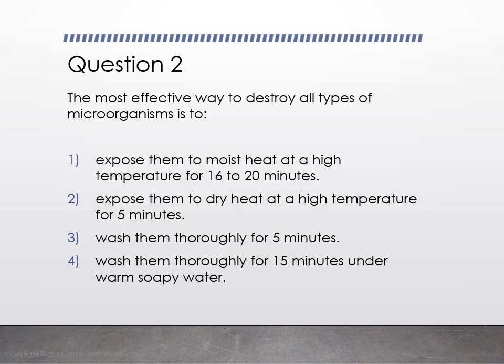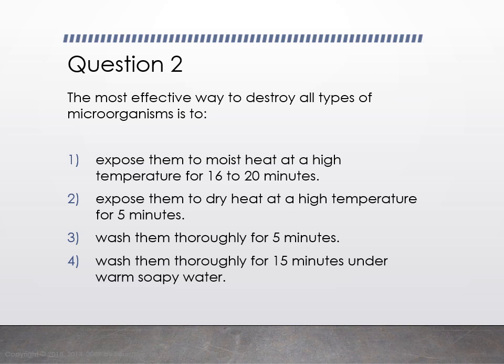Review question number 2. The most effective way to destroy all types of microorganisms is to... I'm going to pause, allow you to read, and then we'll review the answer. All right, guys, the answer here is number 1. There's a lot of material in this presentation and in your book, but the answer here is number 1.